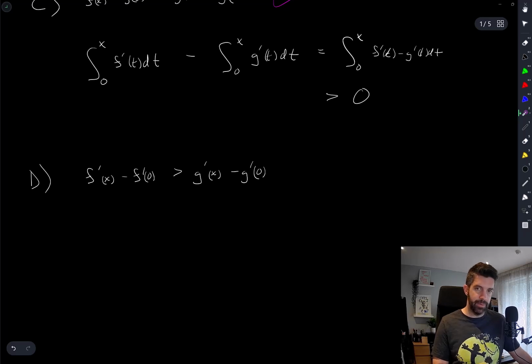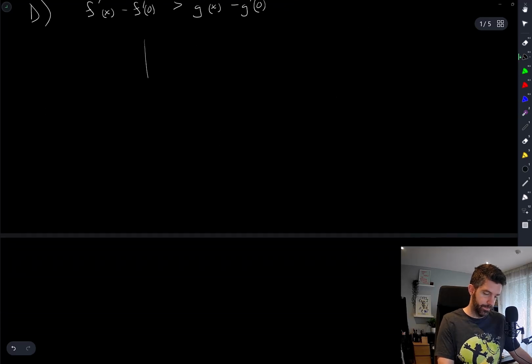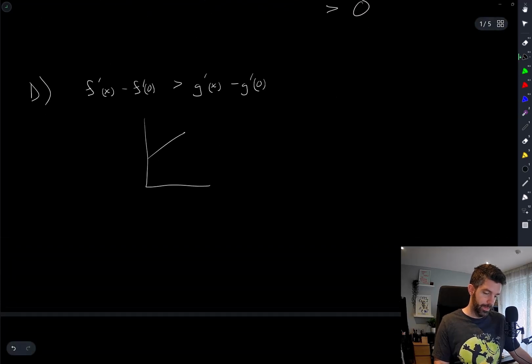Again, imagine that f is a straight line, so that these two derivatives are in fact equal. That makes this whole thing 0. So there's f, and g, let's just make it something like this. Okay, so that's positive and that's negative, right? Increasing, decreasing. So this difference then is in fact positive, but that difference is 0. So this is not going to be correct.